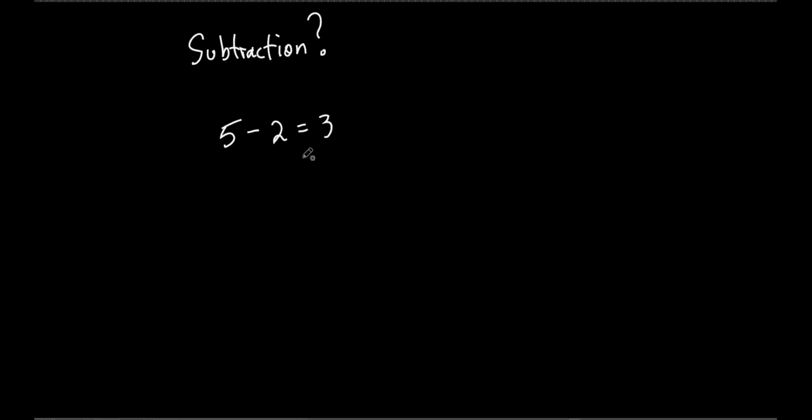Looks like it's a closed set, right? But what if I did 2 minus 5? Now, it does work for integers, but does it work for the subsets of integers? So what's the answer to this? It's -3, okay?